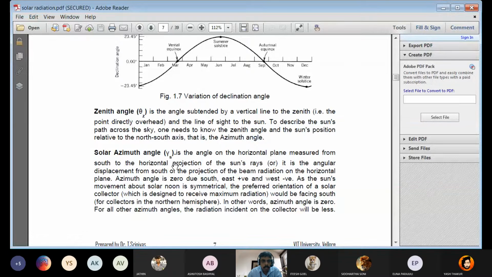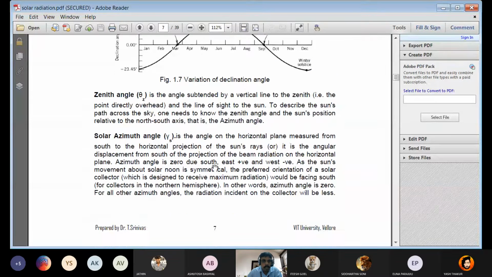The solar azimuth angle gamma s is the angle on the horizontal plane measured from the south to the horizontal projection of the sun's rays. Otherwise, it is the angular displacement from the south to the projection of the beam radiation on the horizontal plane. So this angle is used to locate the sun. Okay, solar azimuth angle gamma s is there.